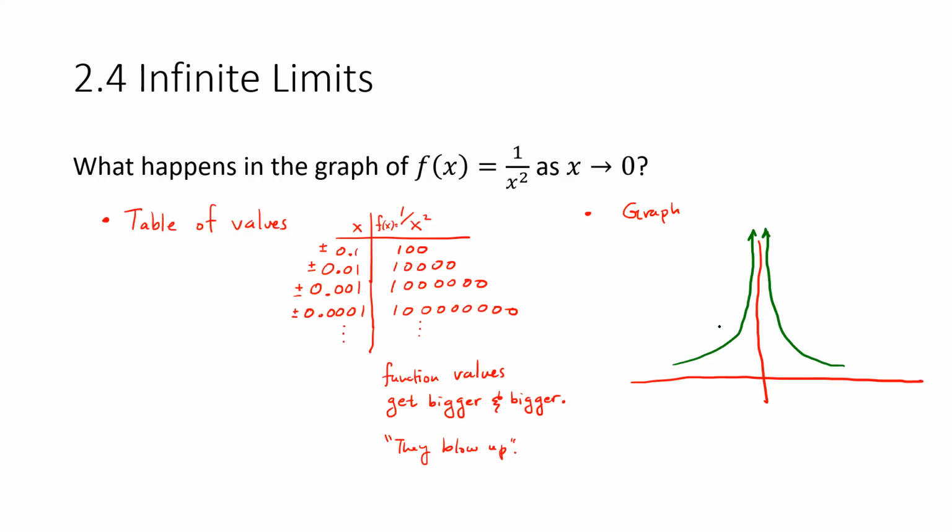But of course, we know that exactly at 0, there are no values. But clearly, we see the graph is going to have a vertical asymptote there, a vertical asymptote at x equals 0.